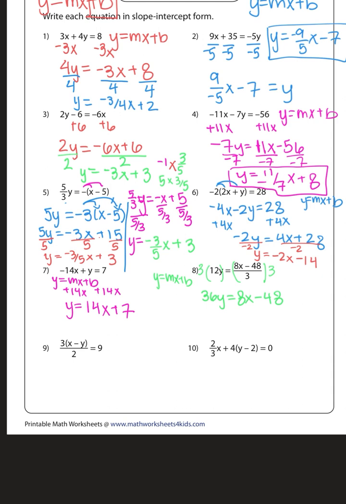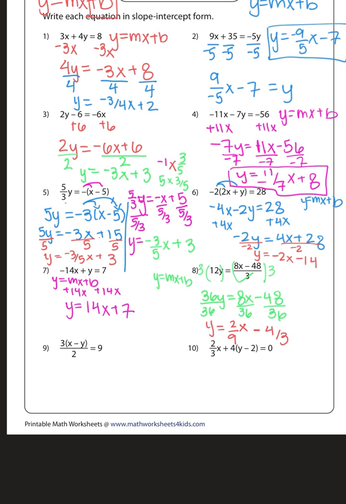This multiplication cancels out the 3. So next, the last thing we have to do is divide by 36 to get rid of the coefficient from y. Now our final answer is y is equal to 2/9 x minus 4/3. And we get this answer by reducing fractions.